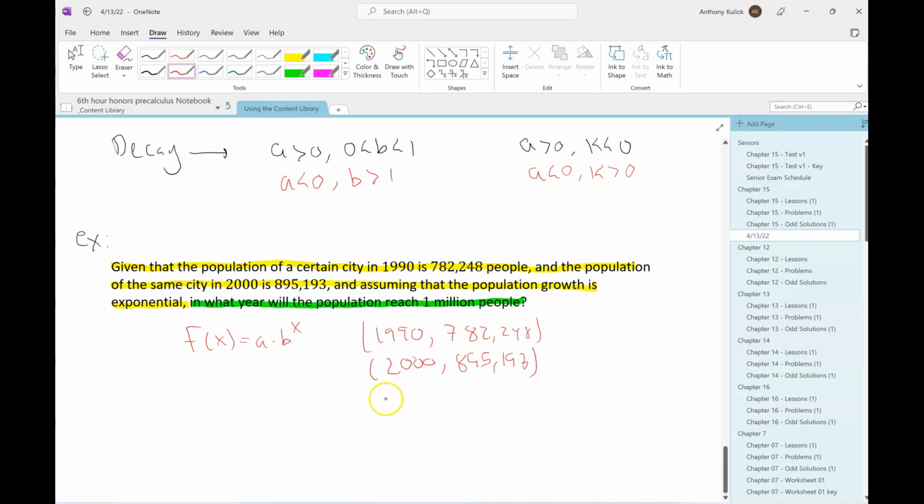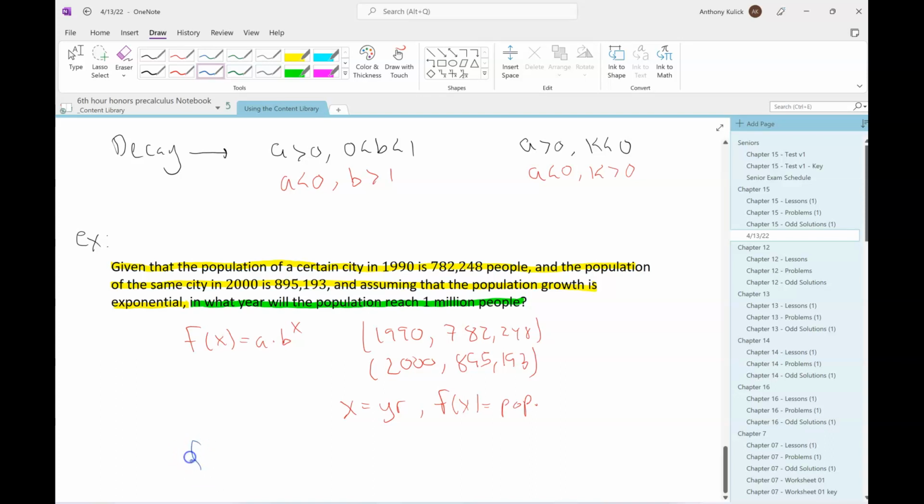So here where we have the year, well, let's write it this way. X equals the year, and f of x is our population. Mr. Kulik would rather avoid having to solve the system because he can do this in a clever way that allows us to not have to solve a system.